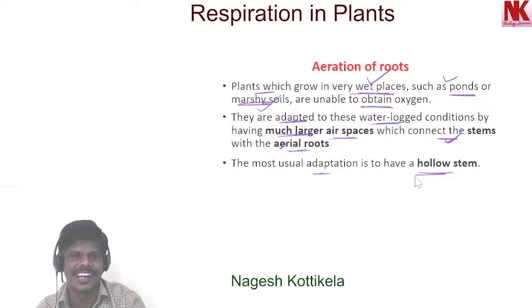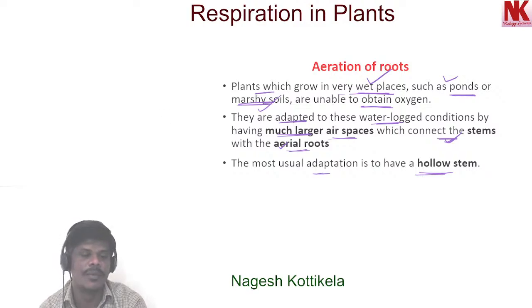So gaseous exchange, or the transport of gases, can occur easily through this hollow stem. So the adaptation in plants that grow in wet places is that they have much larger air spaces and are adapted to waterlogged conditions.